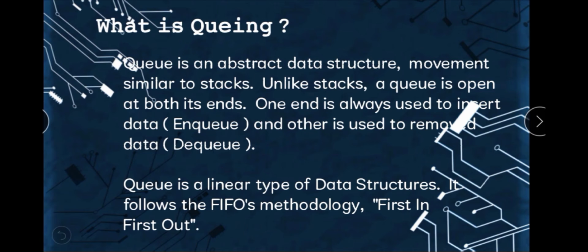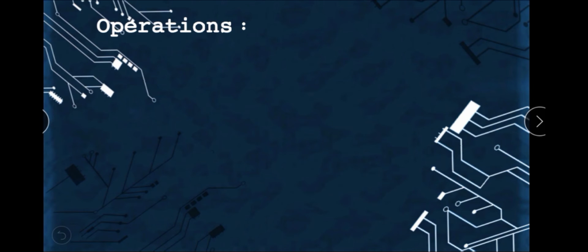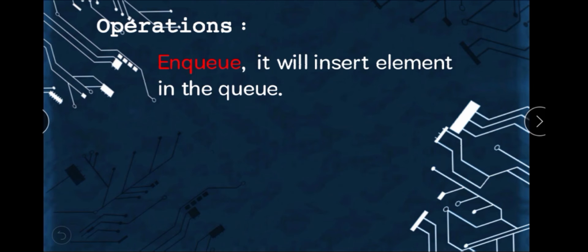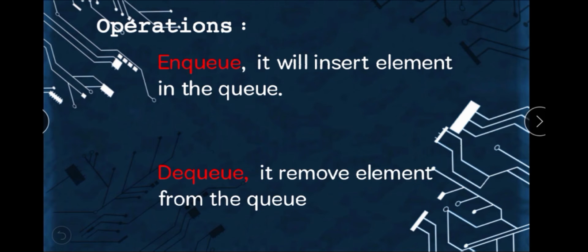Queue is a linear type of data structure that follows the FIFO methodology, which is first in, first out. The operations in queuing are enqueue, which is the insertion or addition of an element in the queue, while dequeue removes an element from the queue.